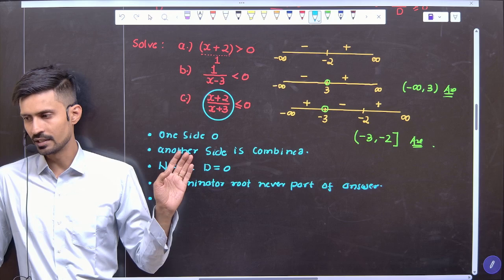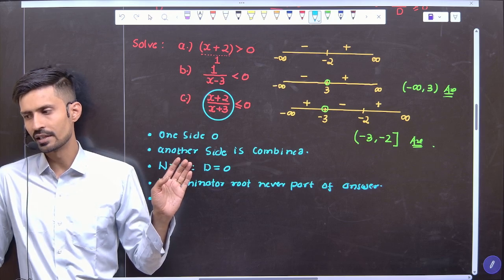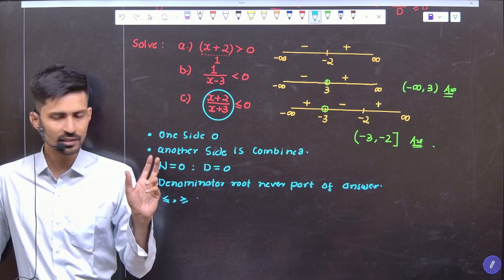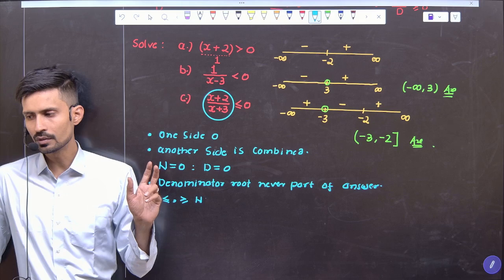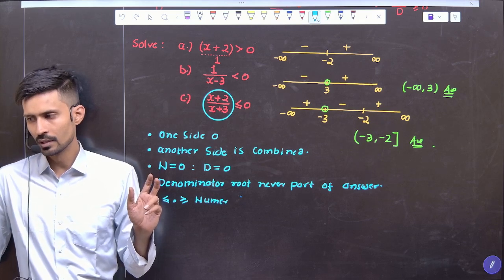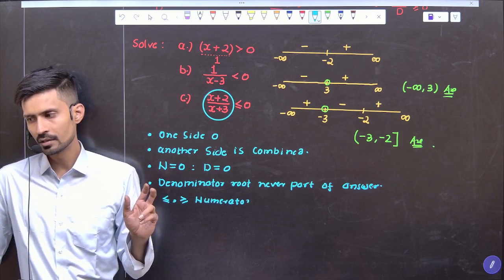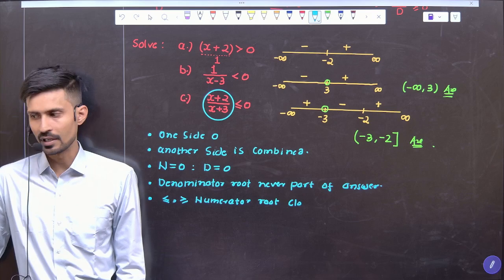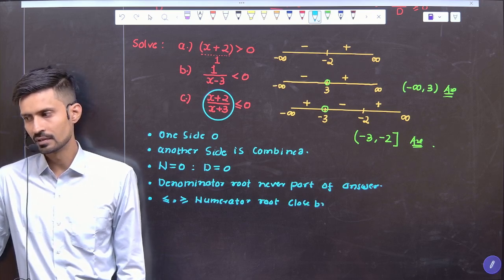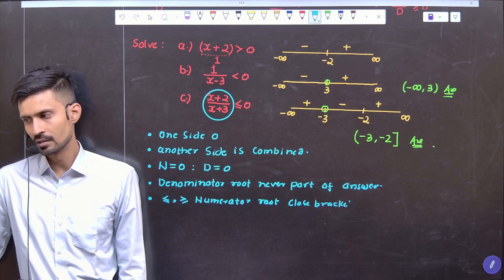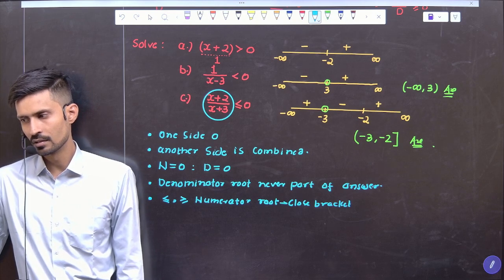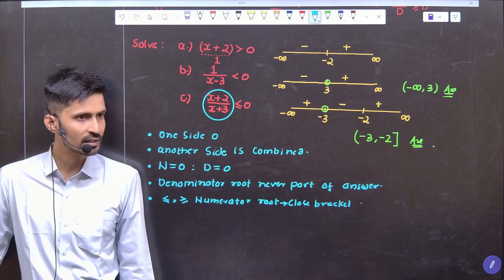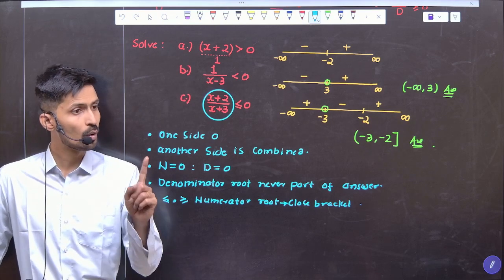If the inequality has less than equals to or greater than equals to, then for the numerator root we give a close bracket. If the equals to sign is not there, the numerator root gets an open bracket.